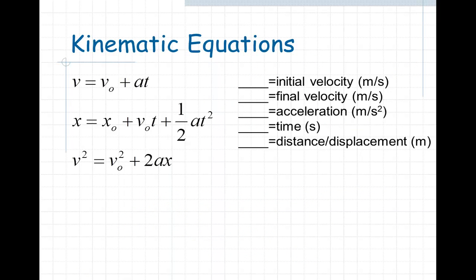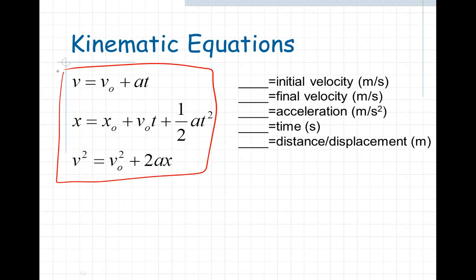Here are the kinematic equations. So you're going to be asked to memorize the kinematic equations. There are the three. The initial velocity is v sub 0, the final velocity v sub f, or just v in this particular example. The acceleration is a, the time is t, and the displacement or distance is x, depending on the situation.